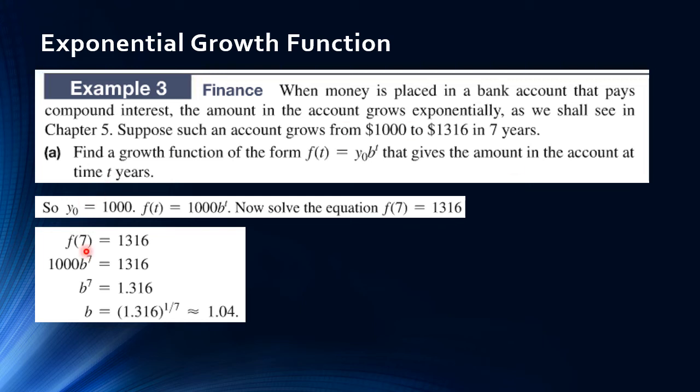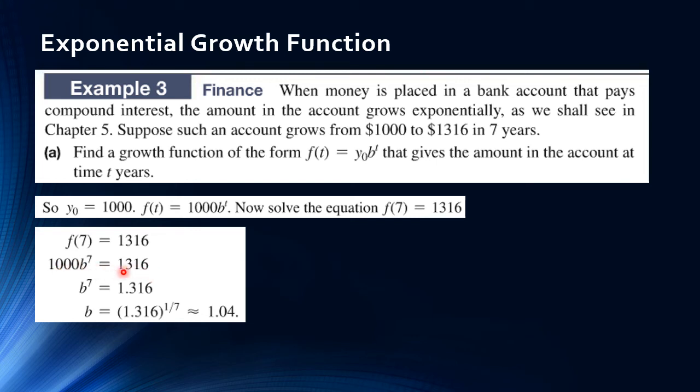If f of 7 equals 1,316, this is saying that t is 7. Well, we can put the f of t function, which is 1,000 times b to the t, but t is 7. And now we can calculate what b is equal to, okay? By setting these two equations equal, plugging in 7 for t, and then using this amount that we know is going to be there in 7 years, we have an equation we can solve for.